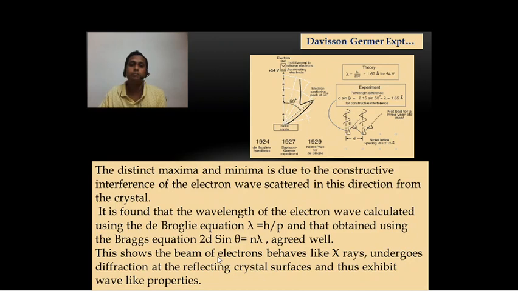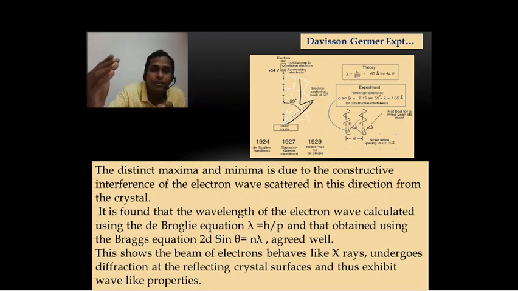So this shows that a beam of electrons behaves like X-rays, undergoes diffraction at a reflecting crystal surface, and thus exhibits wave-like property. In the Davisson-Germer experiment, the incident one is an electron, and what we get is a diffraction pattern, which is a result of wave nature.